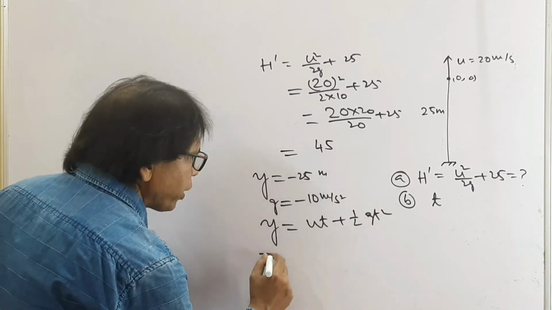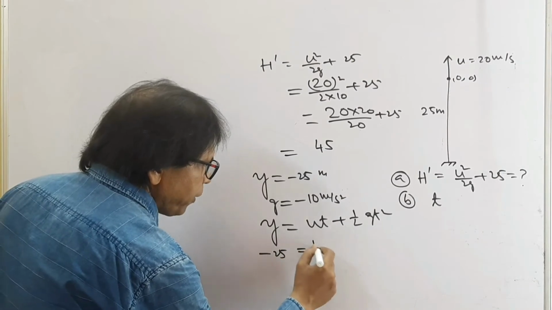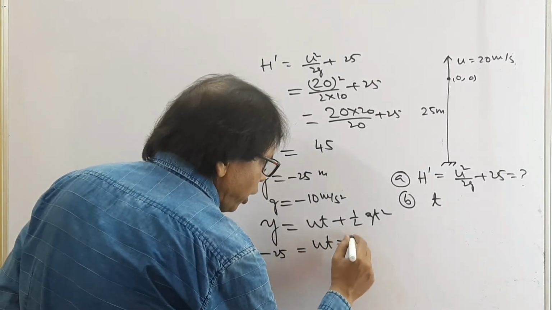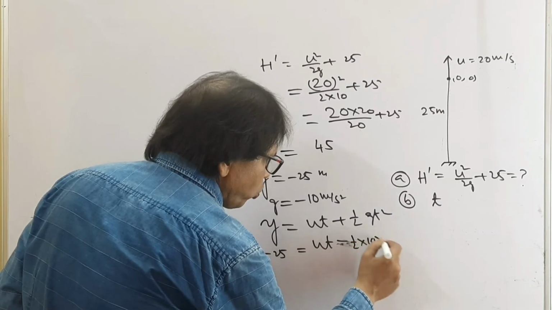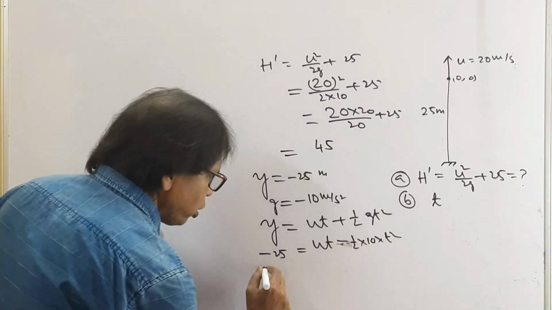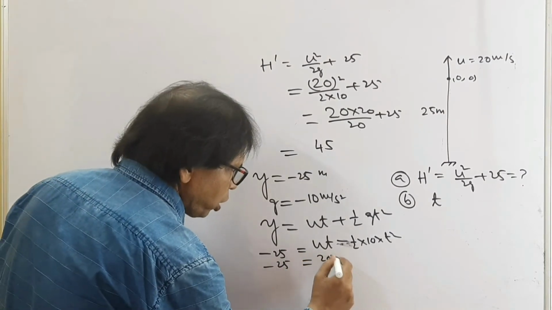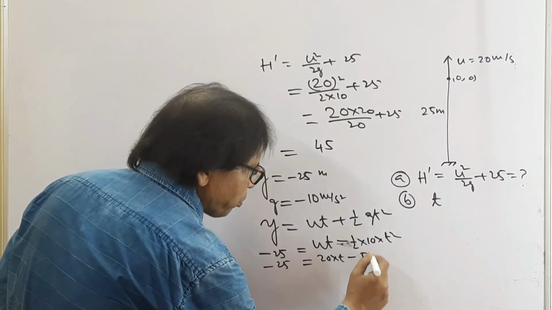So y equals minus 25, this is u into t, and this is minus half into 10 into t square. So minus 25 equals 20 into t minus 5t square.